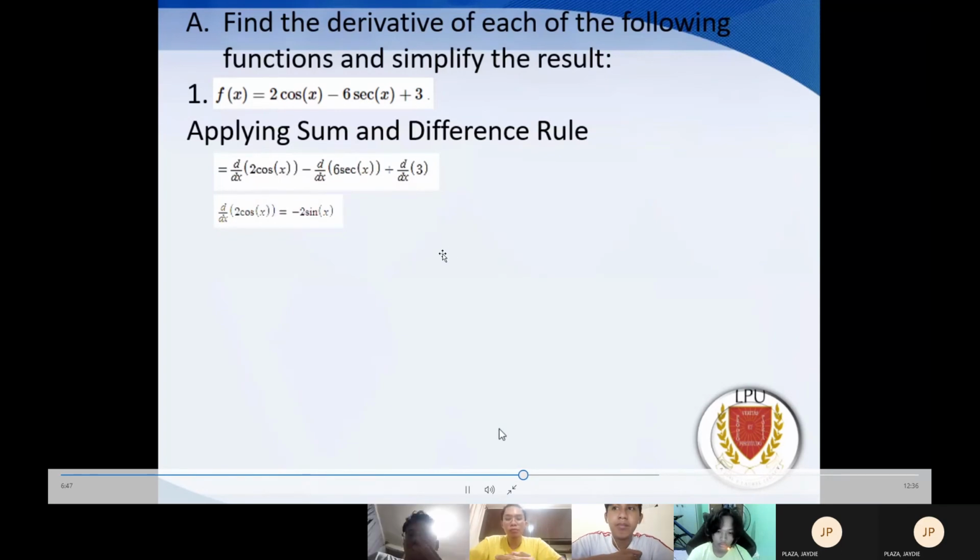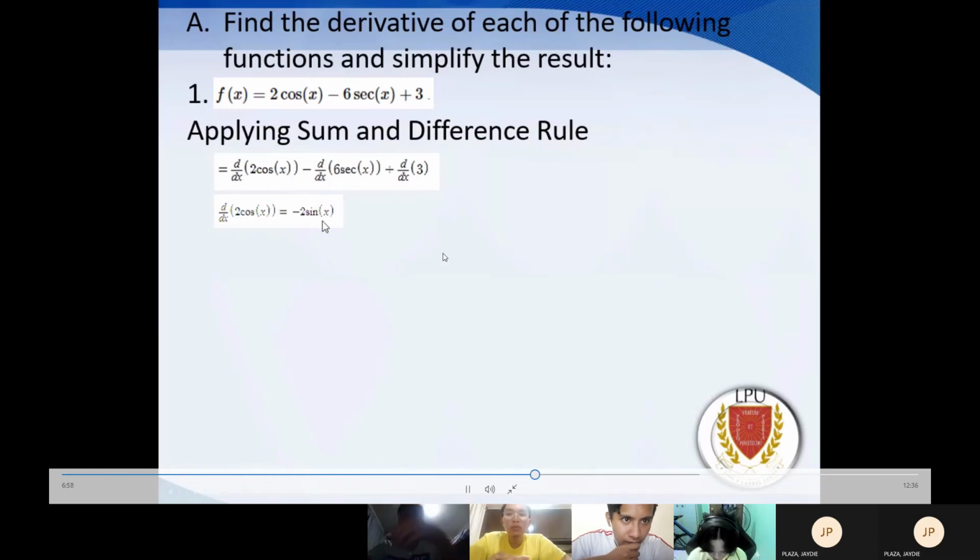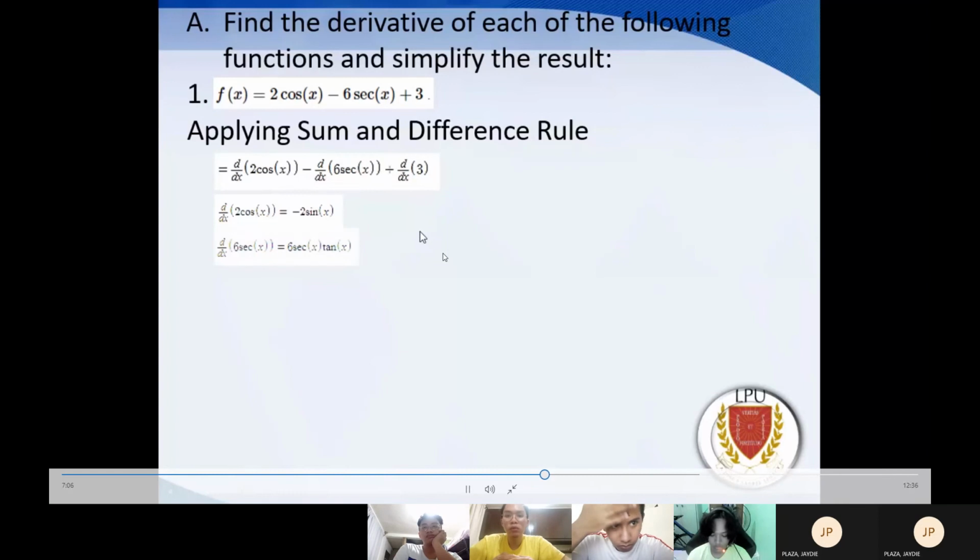For 2 cosine x, we get negative 2 sine x, because we have a 2 here, we keep it and apply the derivative of cosine, which is negative sine x, and the derivative of x is simply 1, so we have here an invisible multiplied by 1, so that is simply negative 2 sine x.